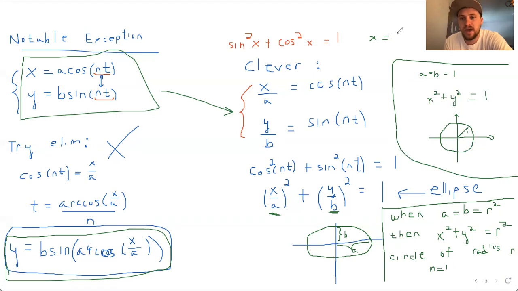So then we would have x equals cosine t, y equals sine t, and this is from 0 to 2 pi. Standard convention is 0 to 2 pi.